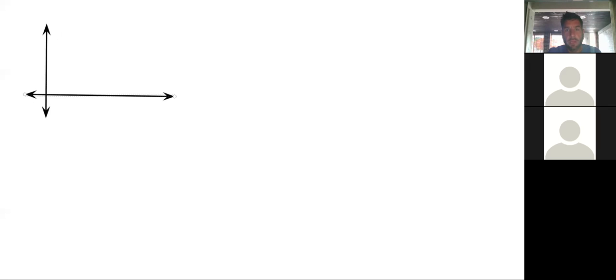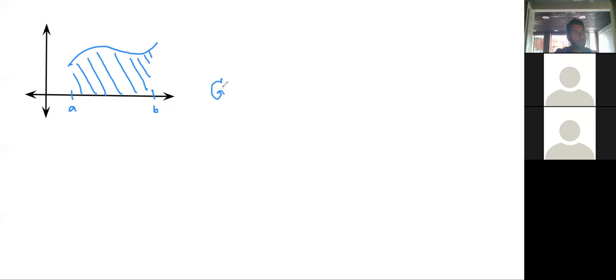So one way we were getting a solid is we were taking some curved region. Maybe I have this function on some interval from A to B, and I look at this region under there, and if I rotated it, I would obtain some solid.